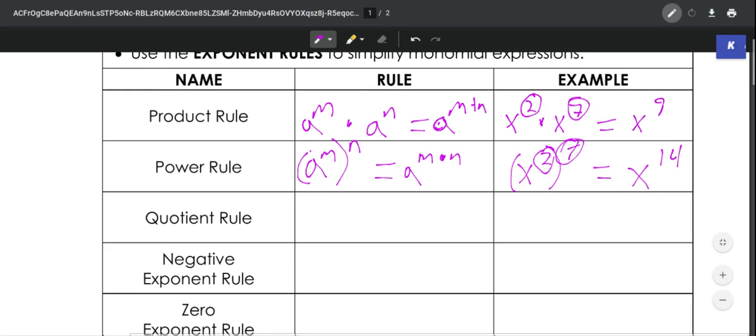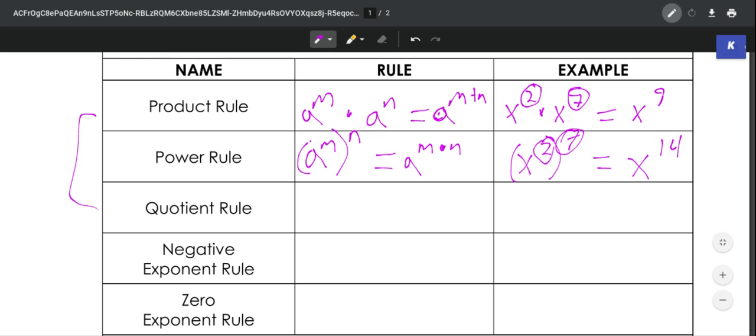And now our quotient rule is the exact opposite of the product rule. So if you have a term with an exponent divided by a term with a different exponent, which we could call a to the m divided by a to the n, we would take those exponents and subtract them.